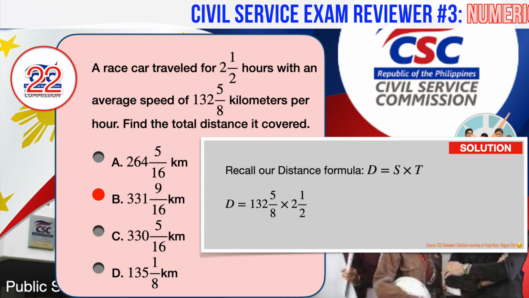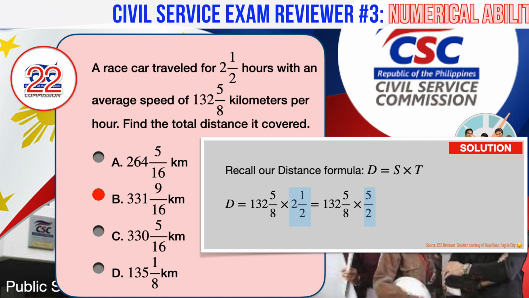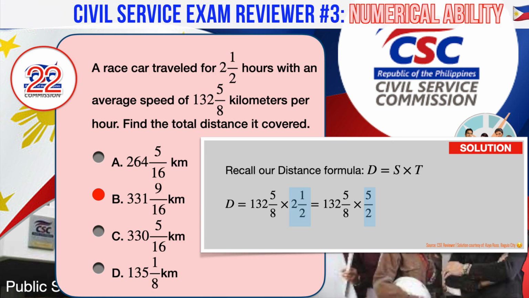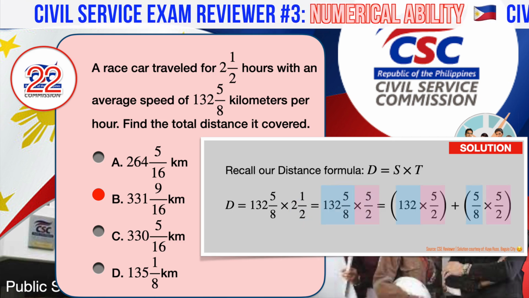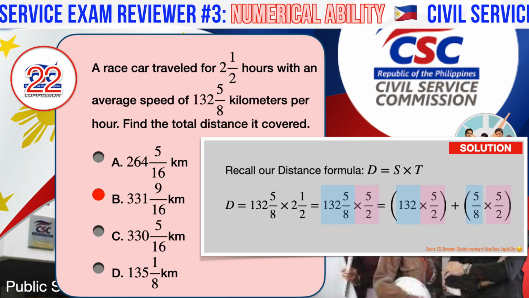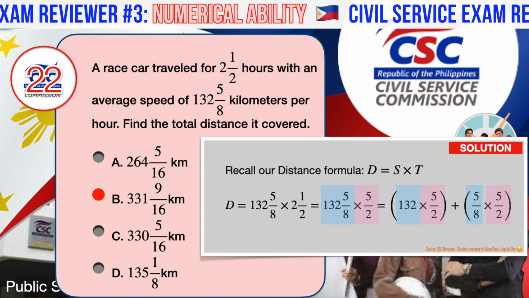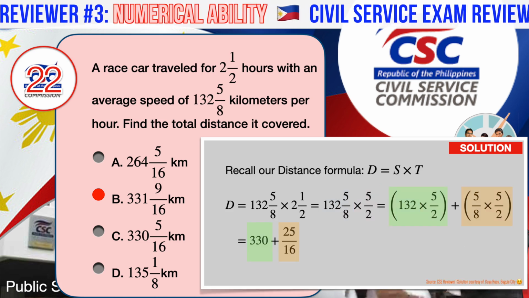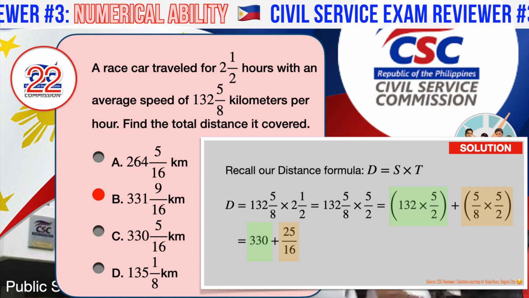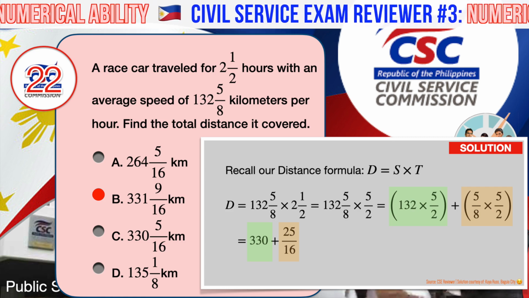as given. First, we convert 2 and 1/2 into its improper fraction form, 5/2. Next, we break 132 and 5/8 into 132 plus 5/8, and distribute 5/2 by multiplying it to 132 and then to 5/8. We can simplify the first term into 330 by dividing 132 by 2 and multiplying by 5.